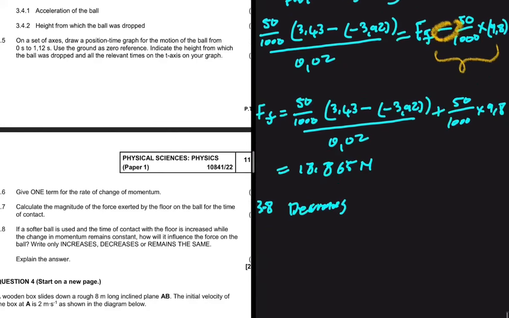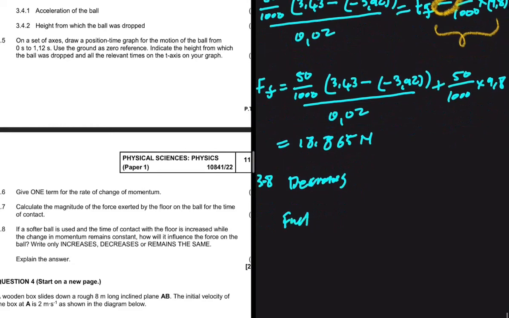We have already deduced that F net is equal to the change in momentum divided by the change in time. So we're keeping the change in momentum constant. We're saying that it is the same. If we increase the change in time, F net will decrease. Why are we saying so? F net is inversely proportional to the time of contact.